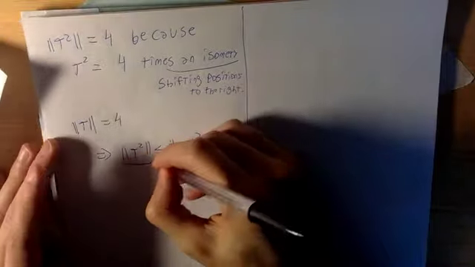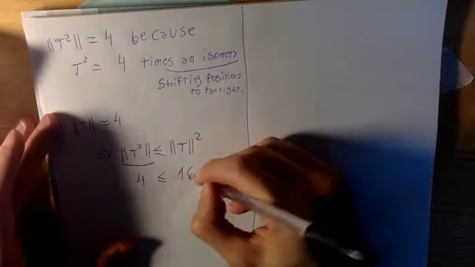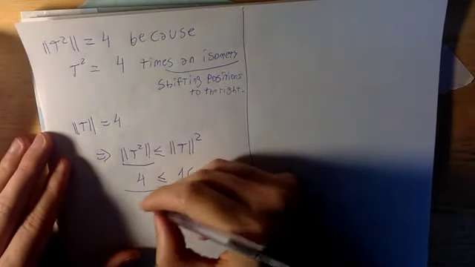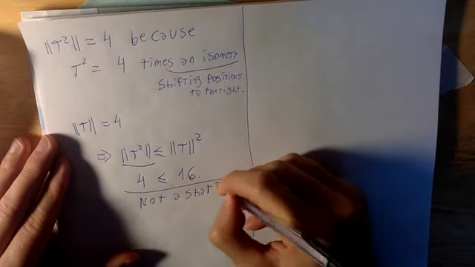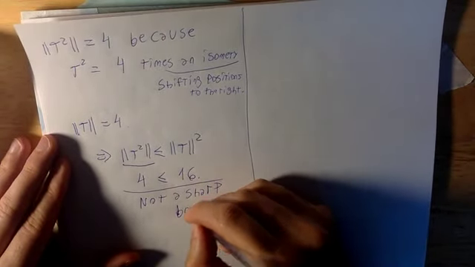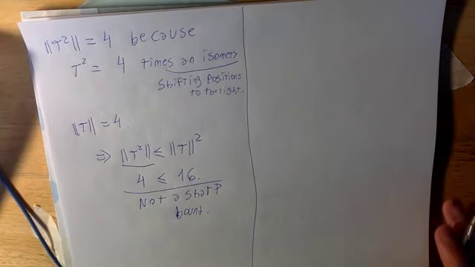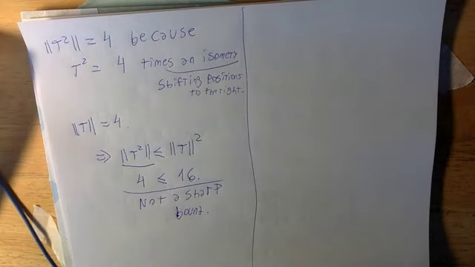This one is equal to 4, but this other one is equal to 16 because the norm of T is equal to 4. Okay, so this is not a sharp bound. This is just for you to be careful: when we do these things, they might not actually be sharp bounds.